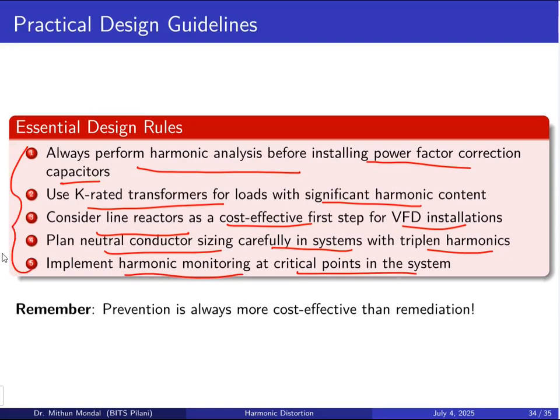So these design rules need to be obeyed. And we need to remember one thing: prevention is always more effective than remediation. So from the design stage only, we have to take care of these harmonics at different devices, different points, and different equipment.